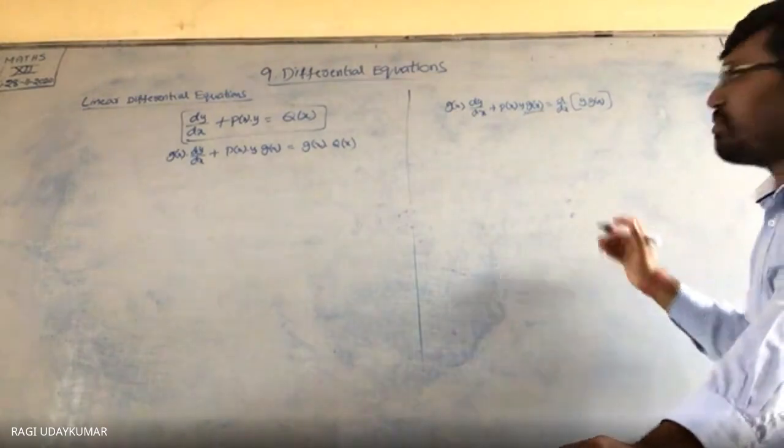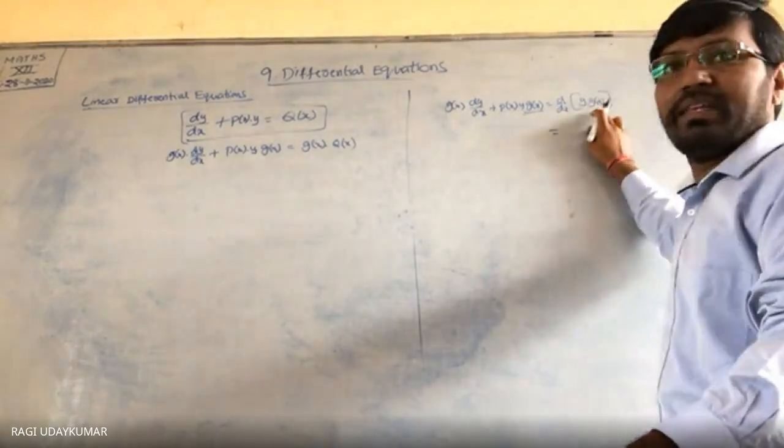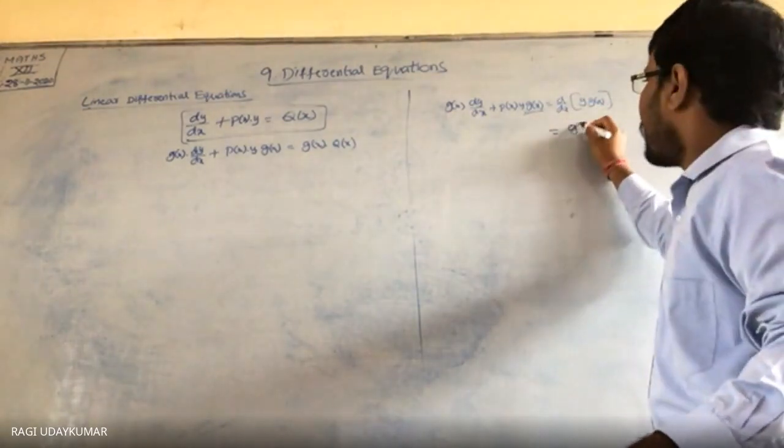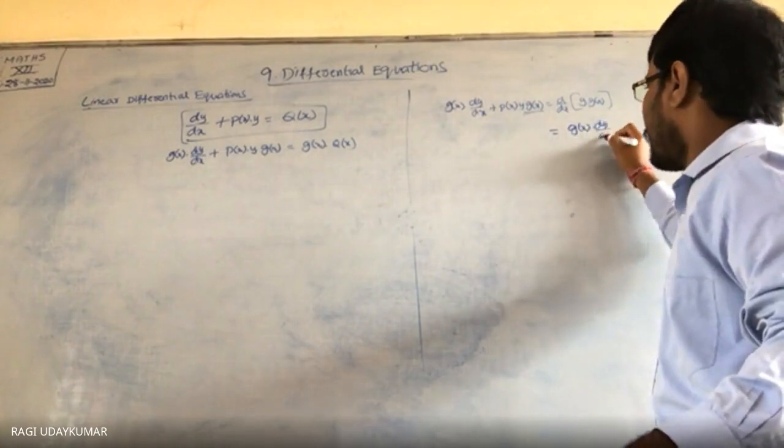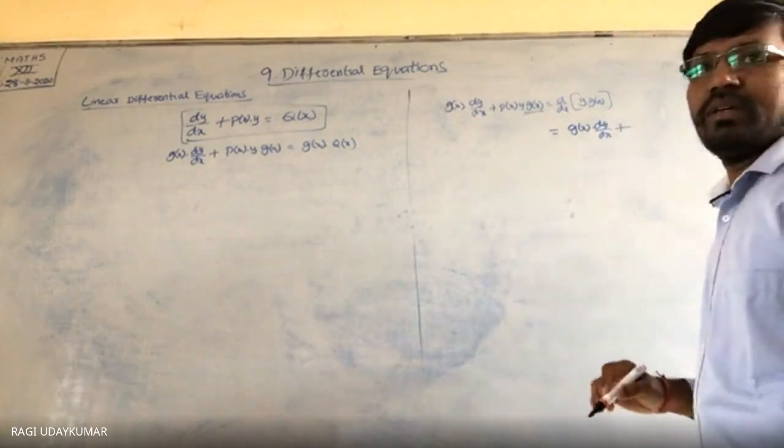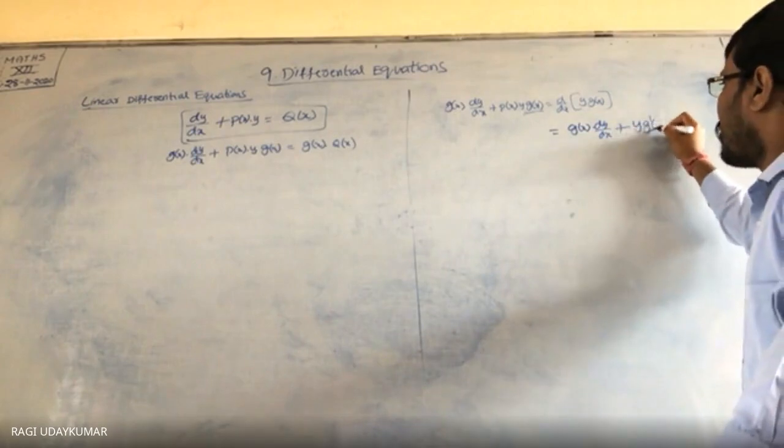Derivative कर लो right-hand side में. So what do you get here? UV method you have to apply here. g(x) dy/dx + y g'(x).